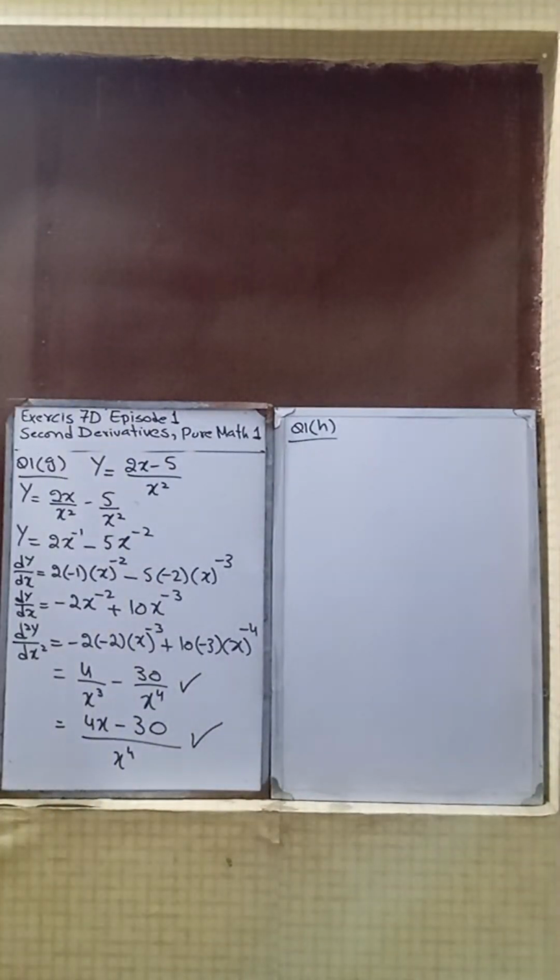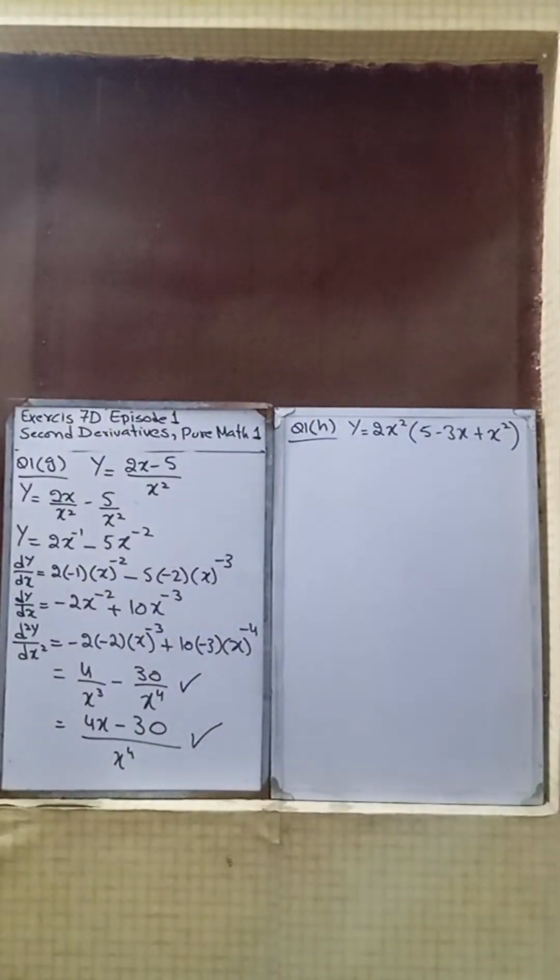So in question number 1, H part, an equation is given. y is equal to 2x square bracket 5 minus 3x plus x square, bracket close.